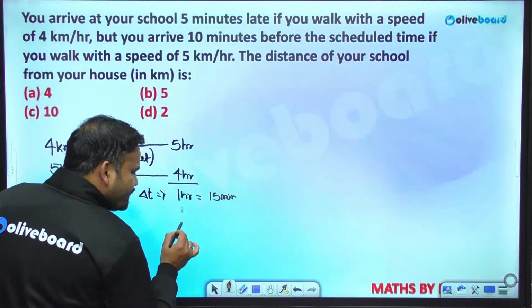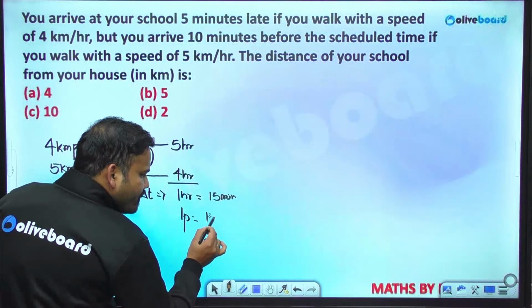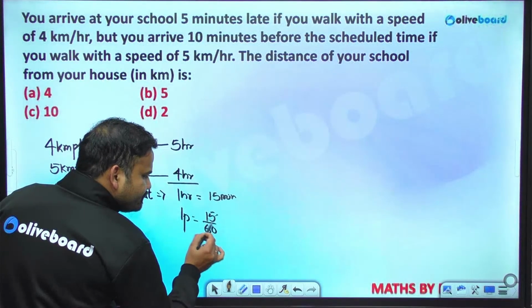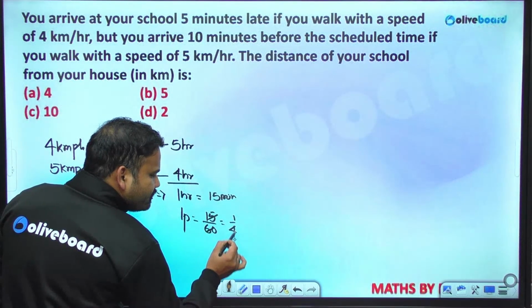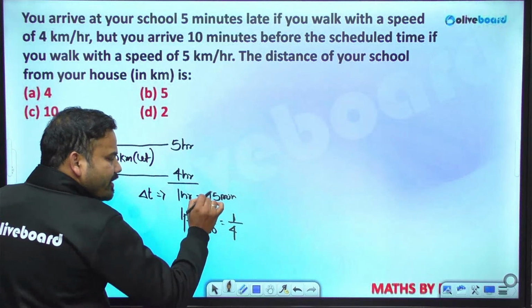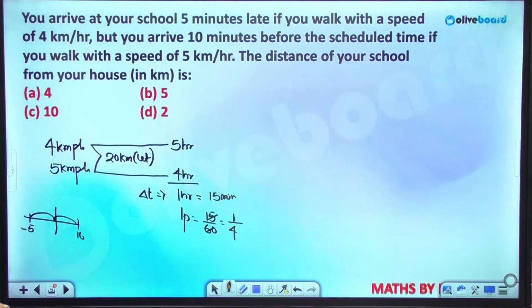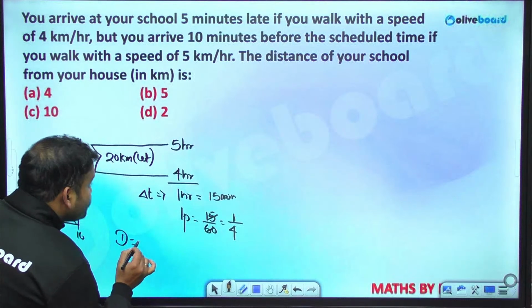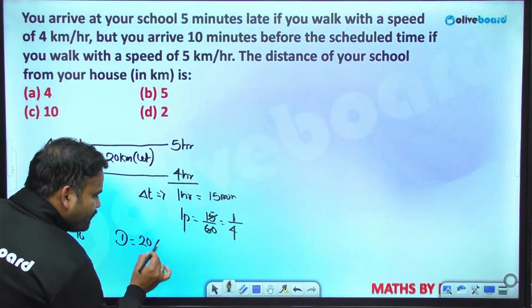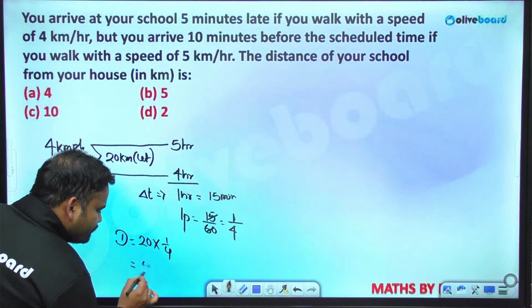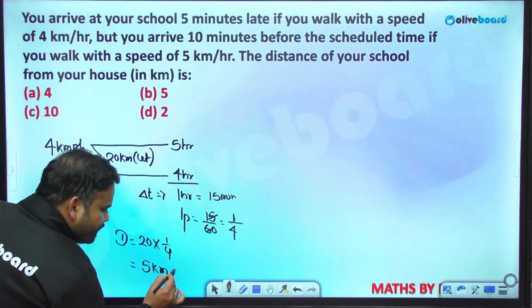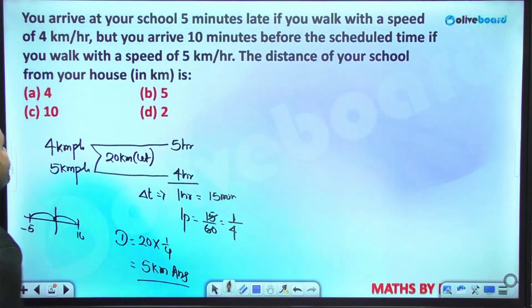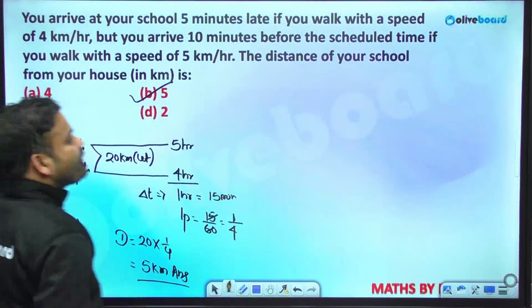So 1 unit is equivalent to what? 15 by 60, that is 1 by 4. This was in minutes, so I converted into hours. So 1 unit will be 1 by 4. The considered distance was 20, so 20 times 1 by 4, that is 5 km. So 5 km will be the distance from the house to the school.